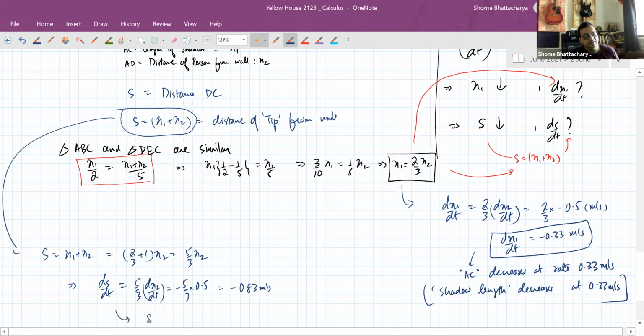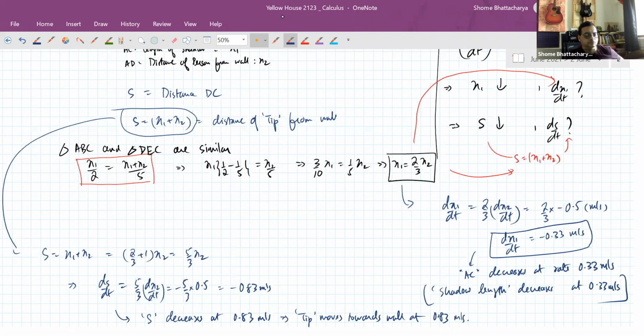So that means S decreases at 0.83 meters per second. That means the tip moves towards the wall at the rate of 0.83 meters per second. So this is the full interpretation of this question. Hope this is clear to all of you. Yes, sir.